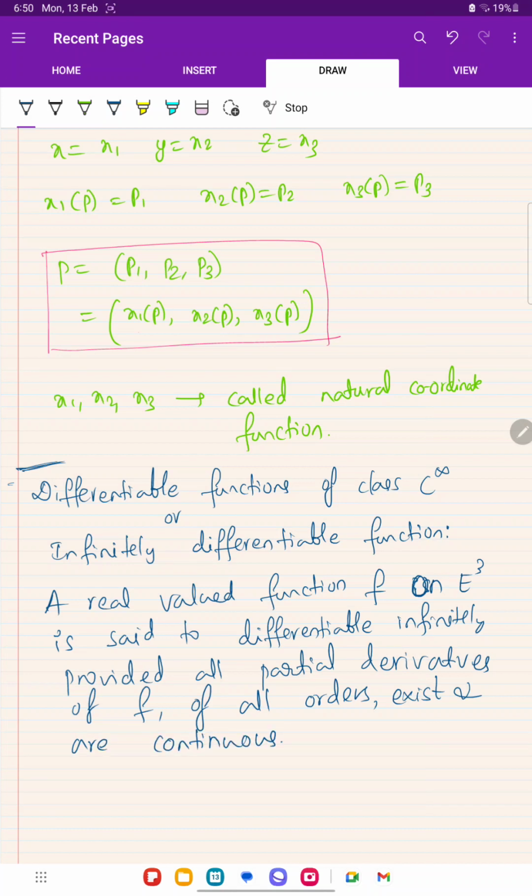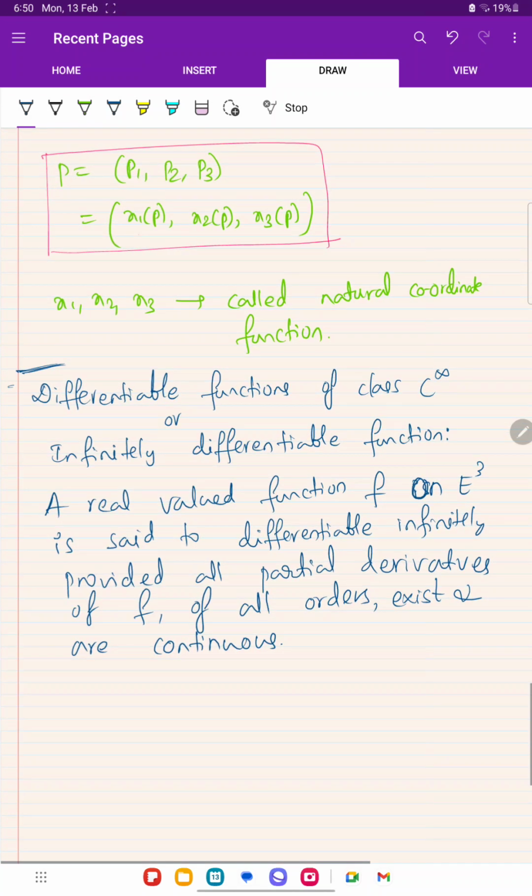So for a real valued function to be infinitely differentiable, all partial derivatives should exist, and these partial derivatives of all orders should be continuous. So these are infinitely differentiable functions.